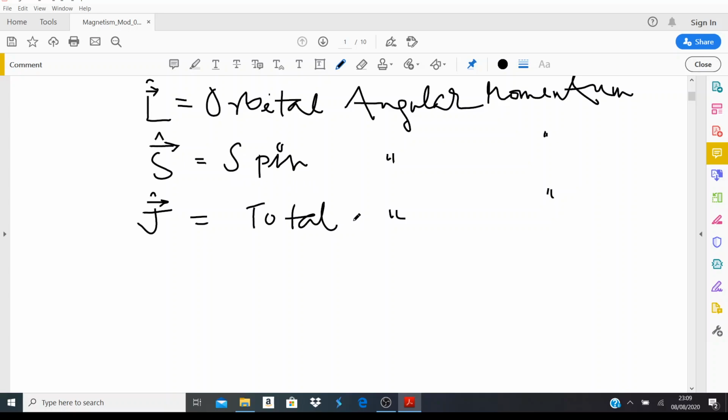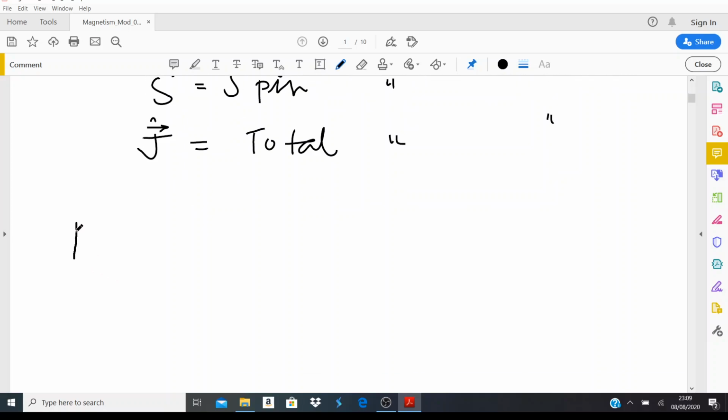Now the question is that usually what we measure in response to some magnetic field in a material is the magnetic moment, right? You remember. And the magnetic moment was a vector in classical electrodynamics. But in quantum mechanics, since magnetic moment is a measurable quantity, the second postulate says that any measurable quantity should be or can be represented by an operator, right?